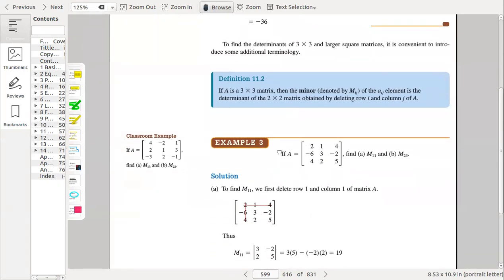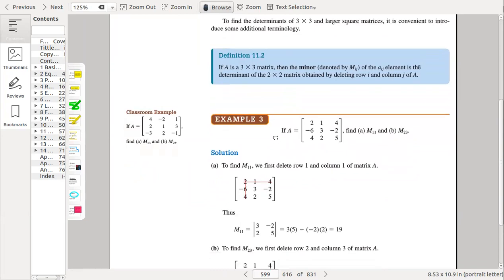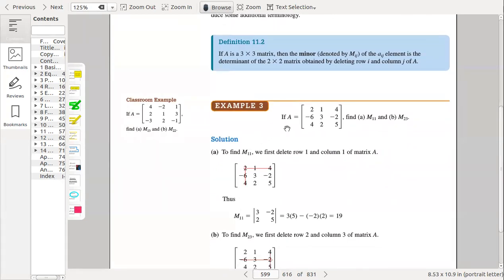Okay, let's consider what a minor is. Just see here, the matrix is of order 3 by 3. So first row, second row, third row. First column, second column, third column. Find M11, the minor of the entry 1 1, and M23, the minor of the entry 2 3.